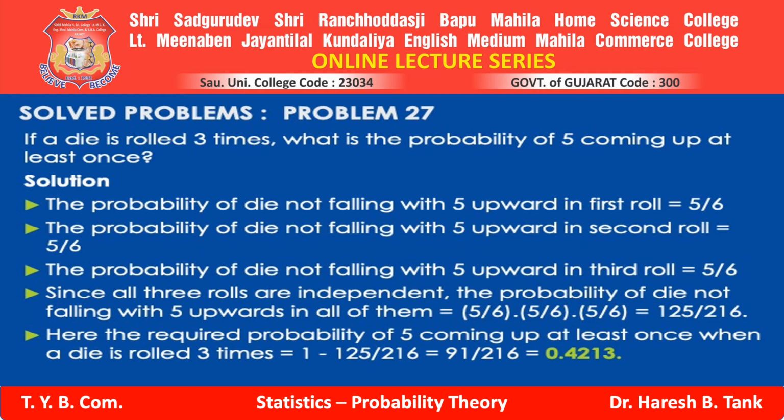Since all 3 rolls are independent, the probability of the die not falling with 5 upward in all of them becomes 5 by 6 multiplied by 5 by 6 multiplied by 5 by 6, which comes to 125 divided by 216. The required probability, 5 coming up at least once, is 1 minus the probability of not falling in any one of them. So it is 1 minus 125 divided by 216, which comes to 91 upon 216, which is 0.4213. Right?